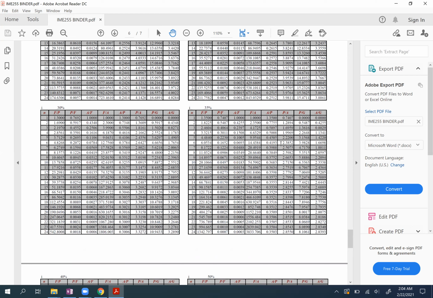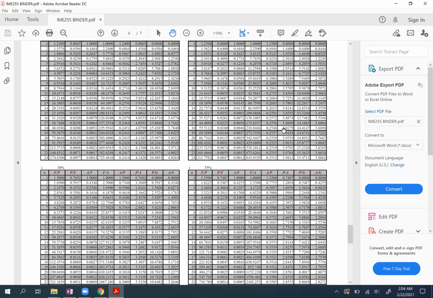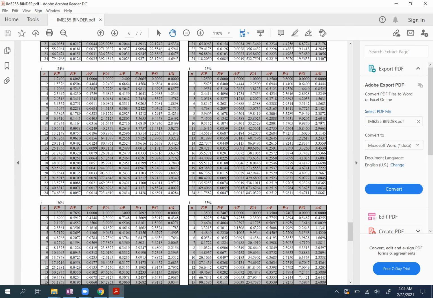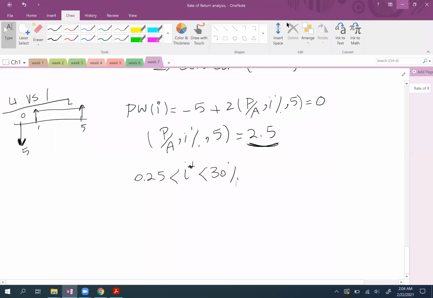So I was looking for 2.5. So let's just go to I equal to 25%. P given A, N equal to 5 is 2.68. And when I equal to 30%, P given A, N equal to 5 is 2.43. So the value of 2.5 is between these two tables, I equal to 25%, I equal to 30%.